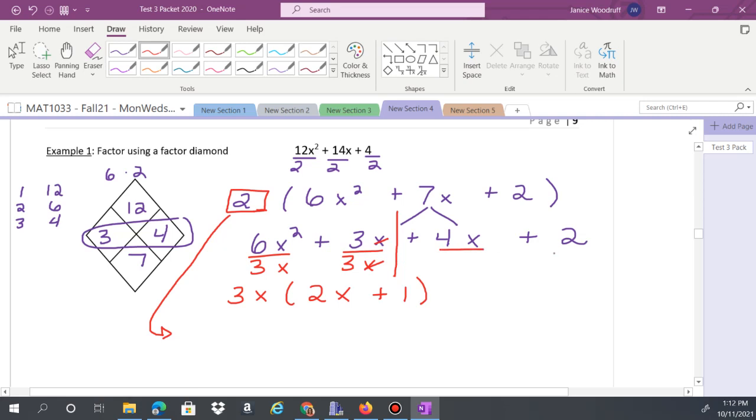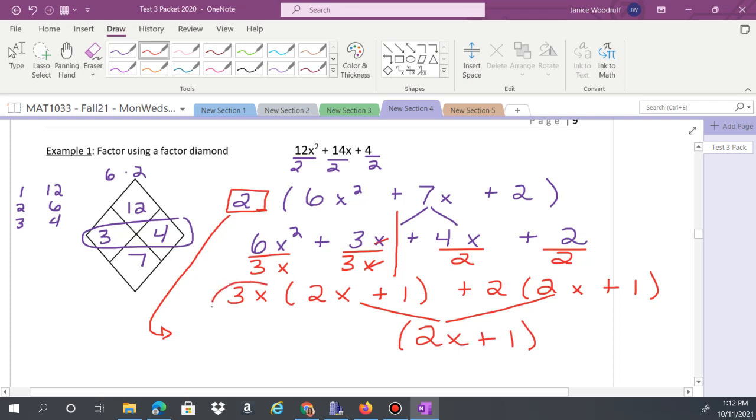What about 4x and 2? Yeah, they're both divisible by 2. So I bring down a plus 2. 4 divided by 2 is 2. Carry down the x. 2 divided by 2 is 1. Okay, then I pulled the 2x plus 1 out. Remember the shortcut I showed you guys last week? You can write that just one time.